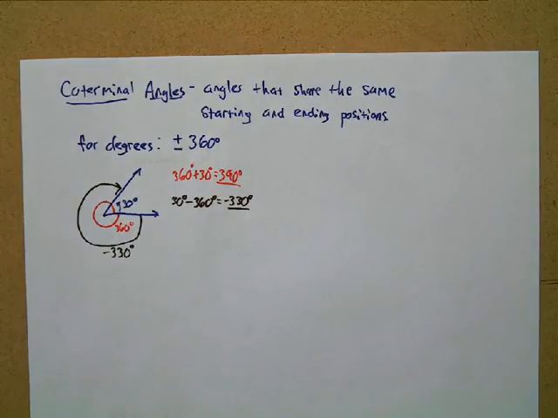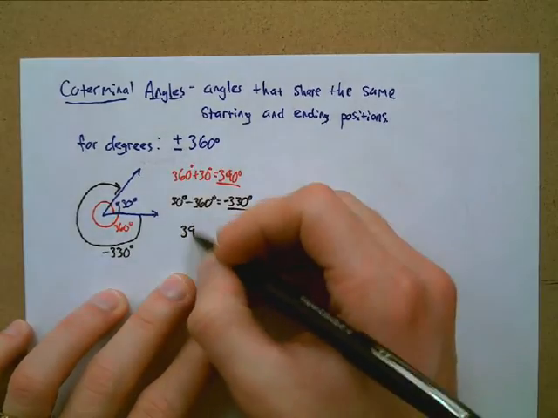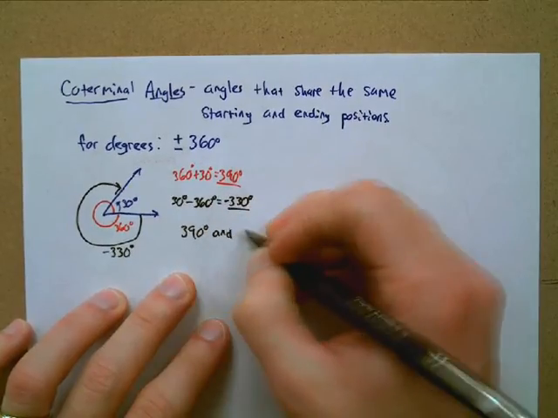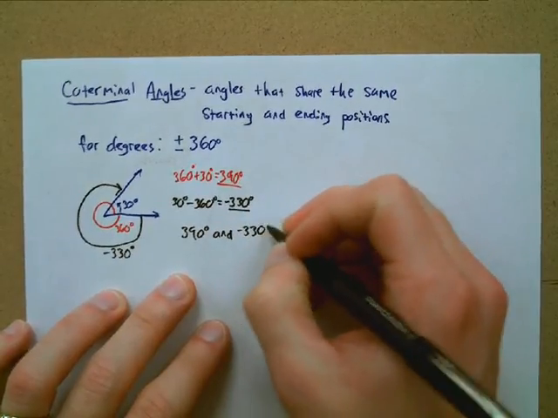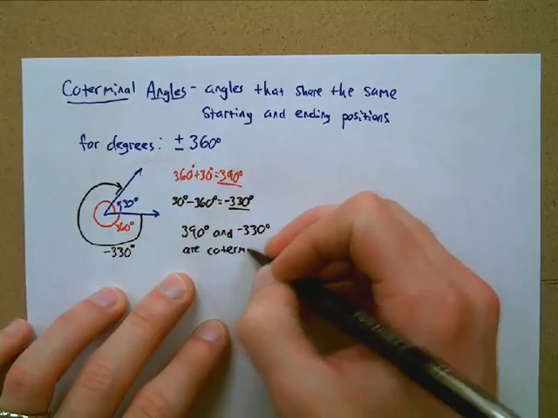So 390 and negative 330 are coterminal to 30 degrees. They share the same starting and stopping point, terminal. Okay, so that's pretty easy for degrees.